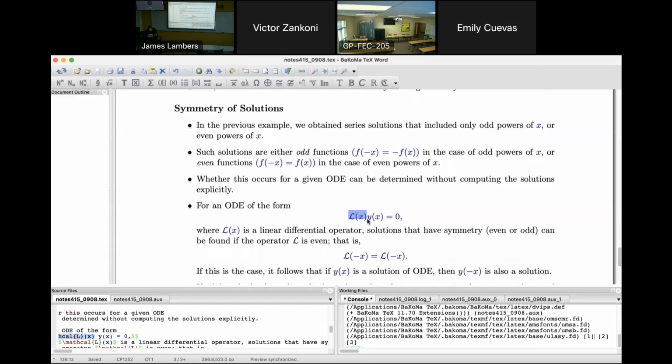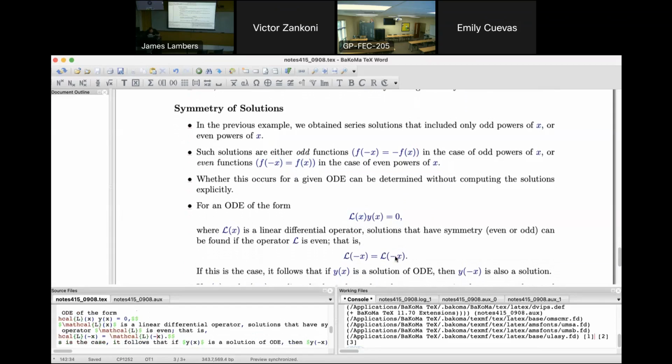And this operator L is going to have differentiation operators and coefficients that are functions of x. So what you can do is, in your differential operator, you can replace x with minus x. Okay, so if negating x does not change the ODE at all, then the operator is even.